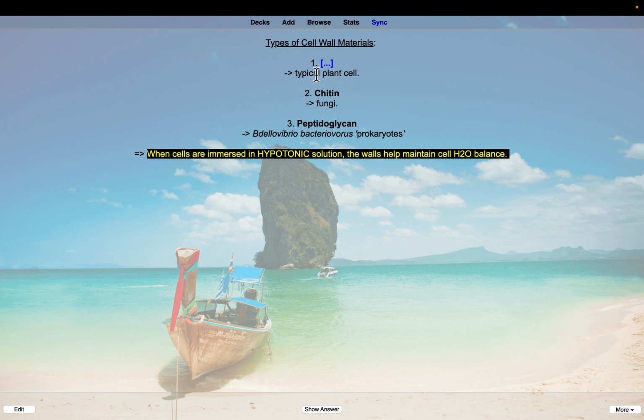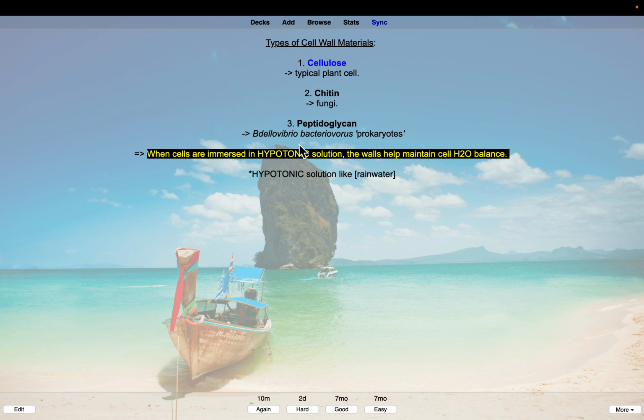Types of cell wall materials. For a typical plant cell, we have cellulose. For chitin, the cell walls of fungi are made of chitin. But for certain prokaryotes, their cell walls are composed of peptidoglycan.